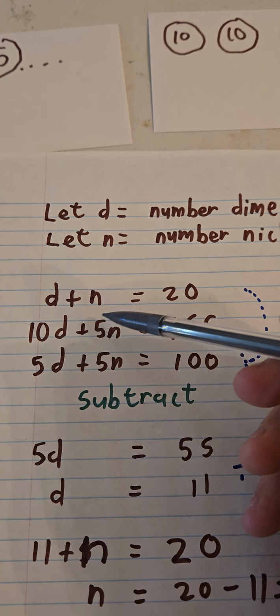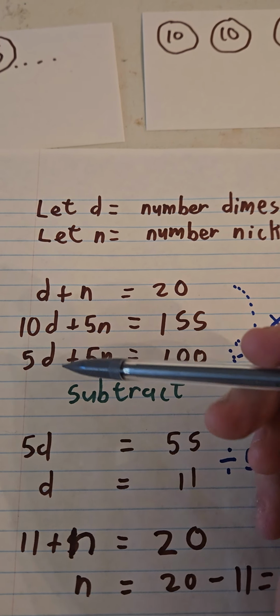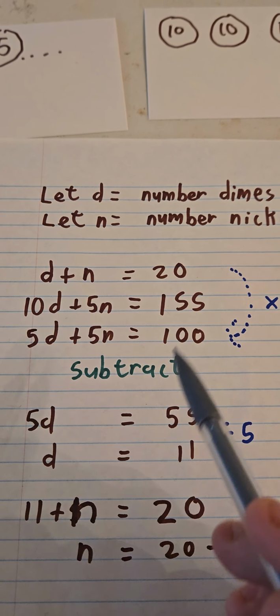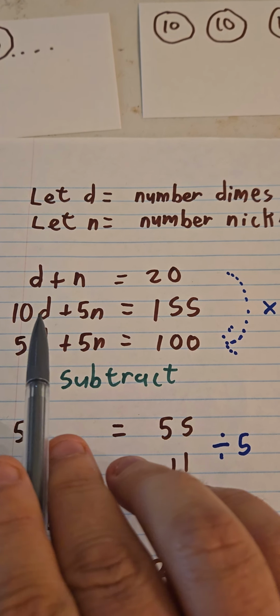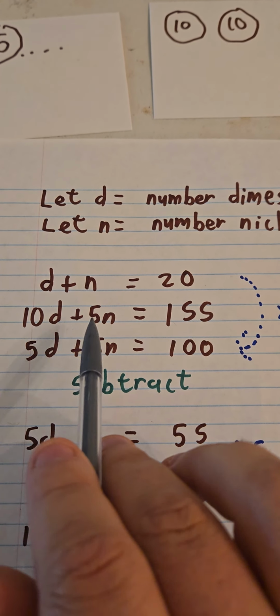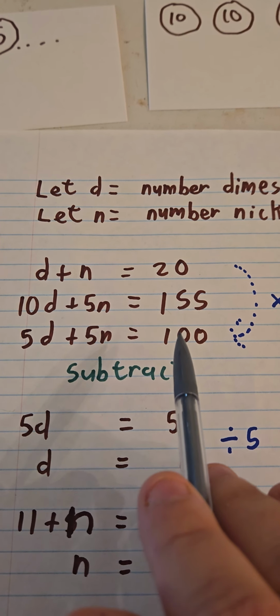When I subtract equations, I'm going to eliminate a variable, and that makes it one step closer to solving. Again, we've got a balancing scale: if left equals right and left equals right, left minus left equals right minus right.